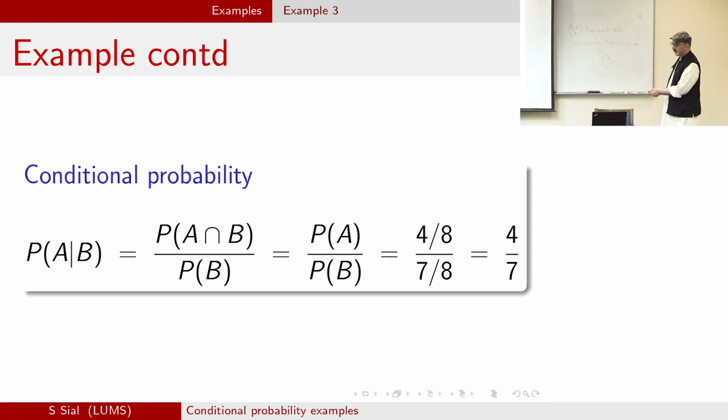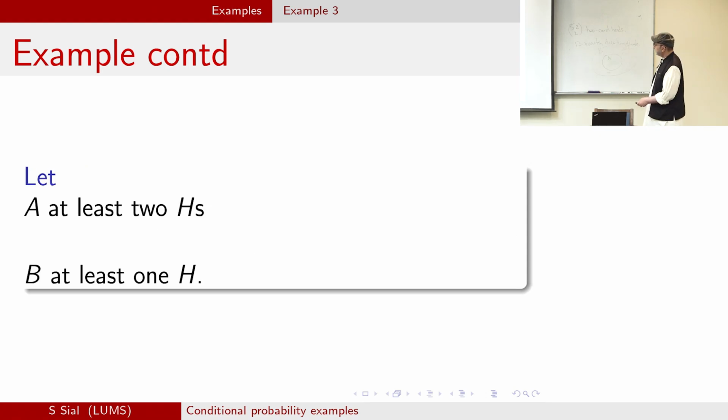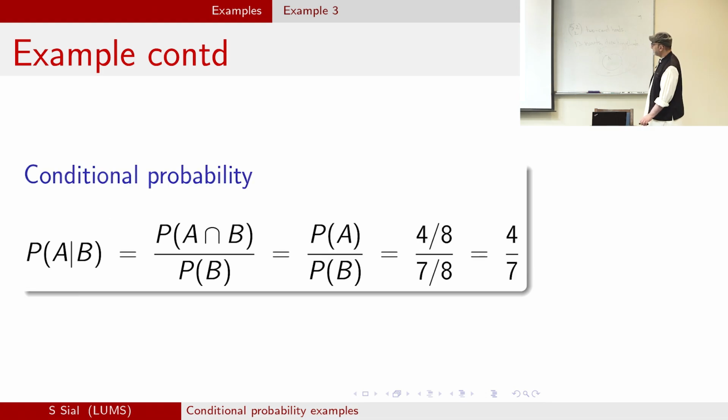Well, 7 out of the 8 outcomes. A is the outcomes THH, HTH, and HHT. Those are 3 outcomes with at least 2 H's. And the outcome with 3 H's also has at least 2 H's in it, so there's another outcome, HHH.